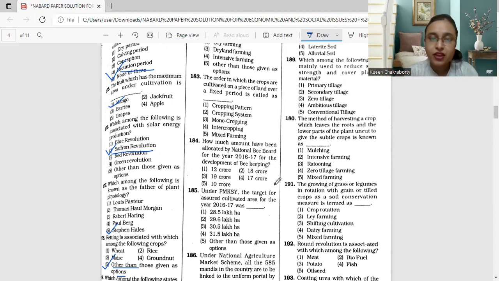All of these terms might be very well known to us, but cropping system refers to the pattern of crops grown on a given piece of land, or the order in which the crops are cultivated over a fixed period. It includes the interaction of crops with farm resources, other farm enterprises and available technology that determine their makeup. So the correct option to this question is option number 2, that is cropping system.